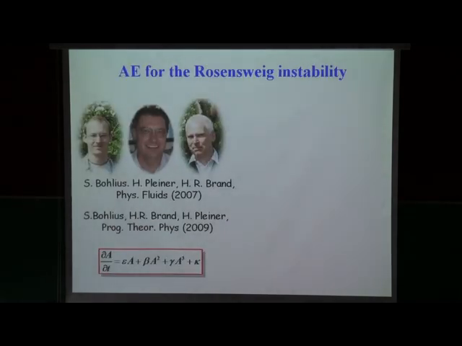So what we can do, I'll show you very soon, but one motivation for going into the temporal evolution of this full pattern is that there are two kinds of predictions for the amplitude equation for the Rosensweig instability. These guys, Stefan Bolius, Harald Planger and Helmut Brandt, have this kind of amplitude equation.